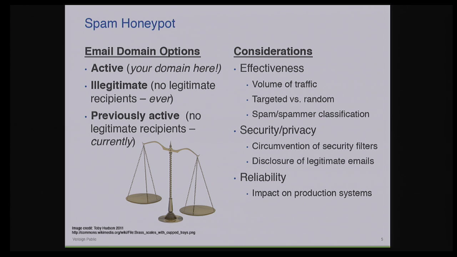And then there's also the idea that you may be able to look at content versus just who the sender is, and I'll come into that a little bit later. And then there are issues of security and privacy. If you're actually working on an active domain, for example, how do you consider things like security and privacy, as well as stability of your current system if you're deploying it on an active domain. And then reliability. You don't want to take down your production systems by doing some type of experiment.